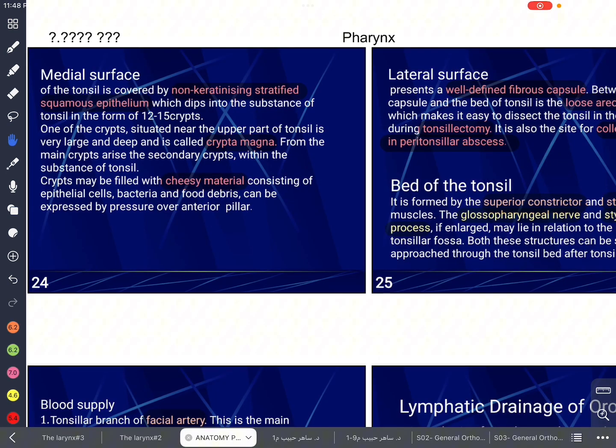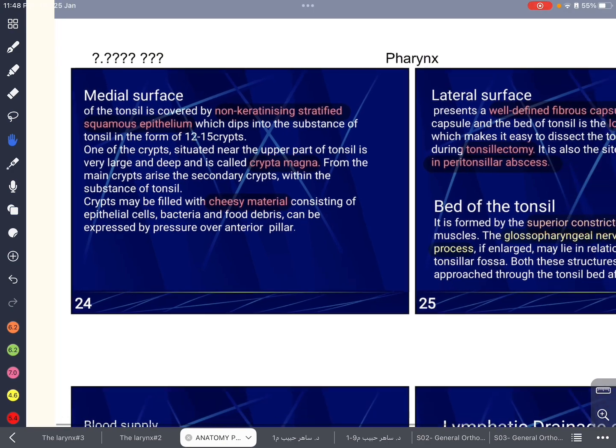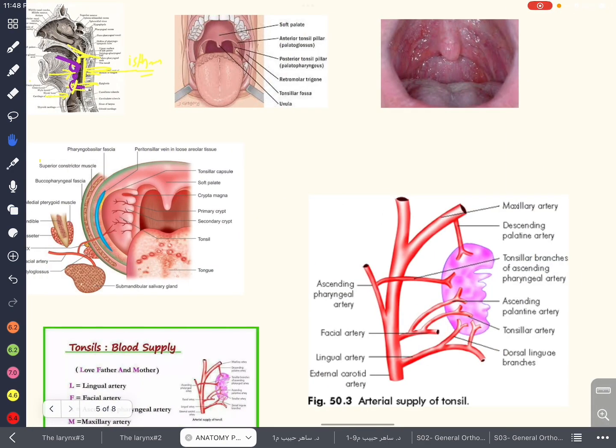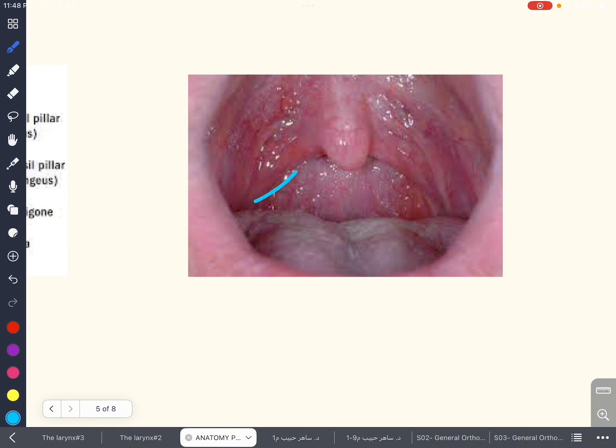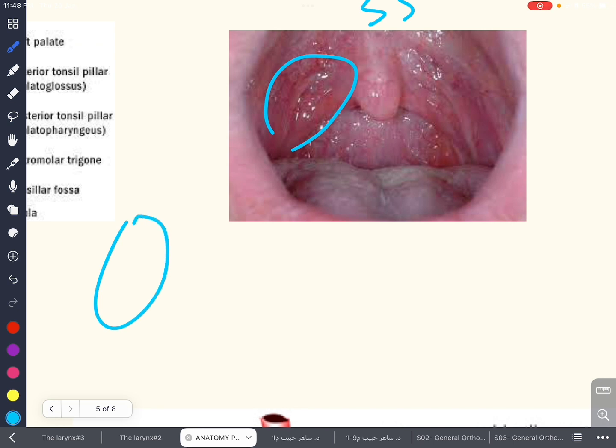Okay, we are going to continue with the medial surface and the lateral surface of the tonsil. Regarding the medial surface of the tonsil, it is covered by stratified squamous epithelium that is not keratinized. This epithelium dips deep inside the tonsil and forms what is called the crypts.